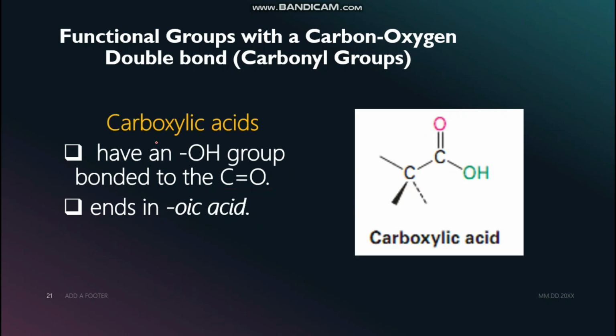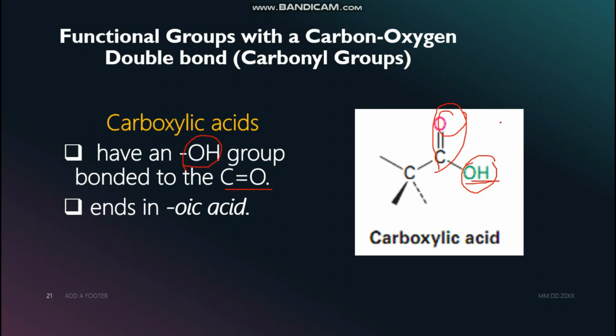So another one is the carboxylic acids. So carboxylic acids have a hydroxyl group or OH group bonded to the carbonyl group. So this is the carbonyl group and this one is the hydroxyl group.